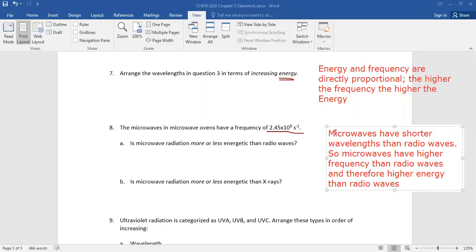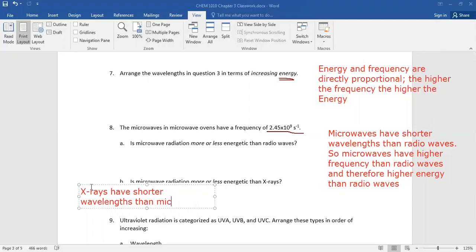And then B, is microwave radiation more or less energetic than X-rays? Well, based on their position on the electromagnetic spectrum, X-rays have shorter wavelengths than microwaves.